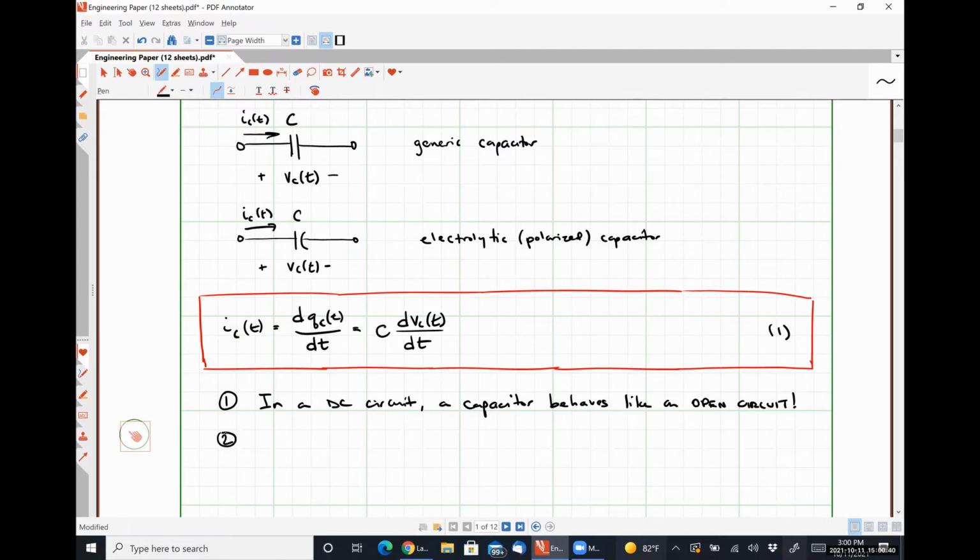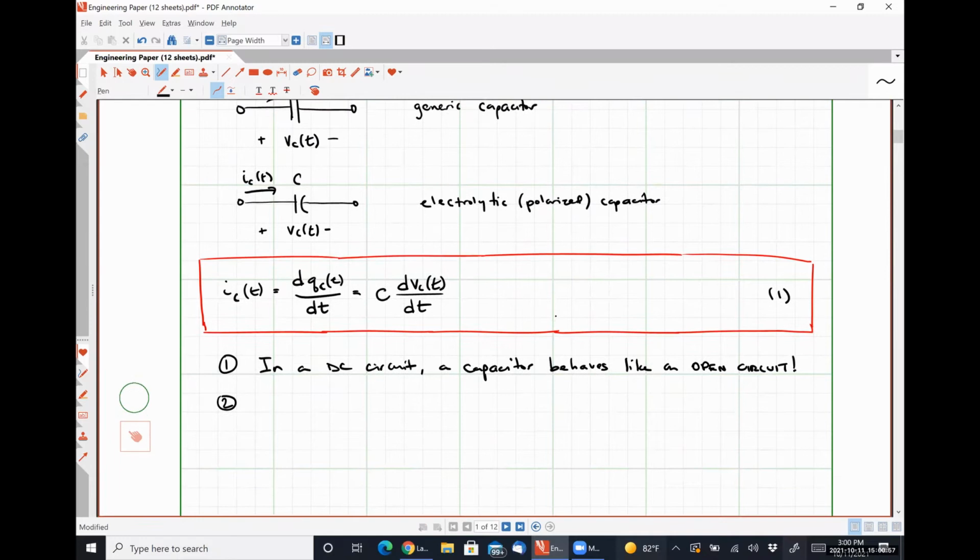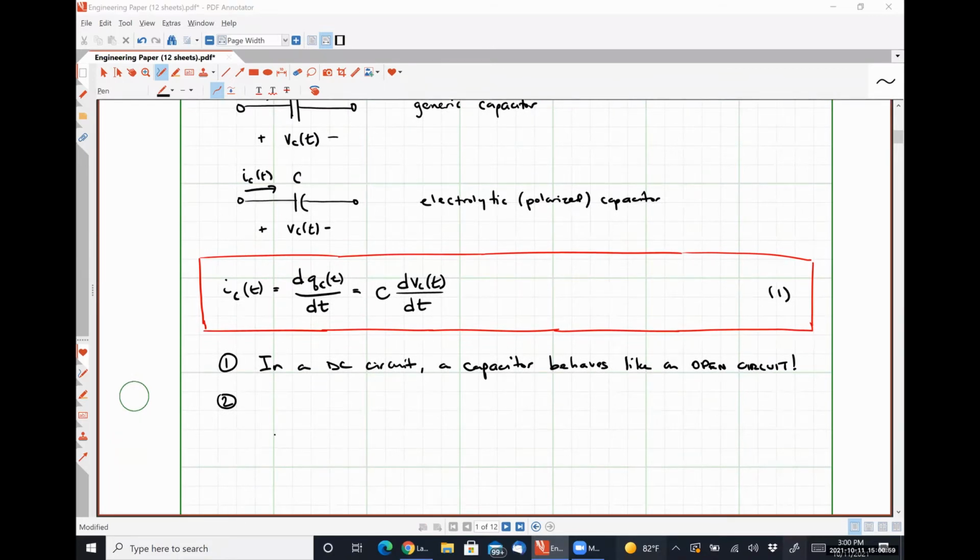The second relationship we will arrive at the exact same way. What happens if the voltage drop across the capacitor is discontinuous, right? Meaning that we have a voltage like this. Let's say that we have V of t, here's t, and let's say that our voltage is a constant value and then abruptly drops down to 0.